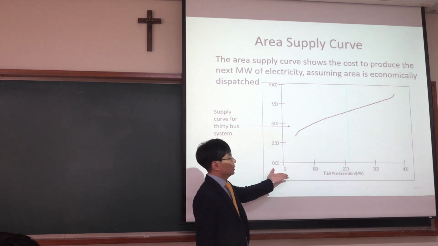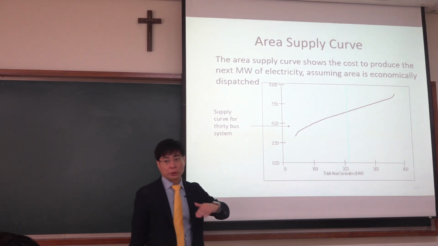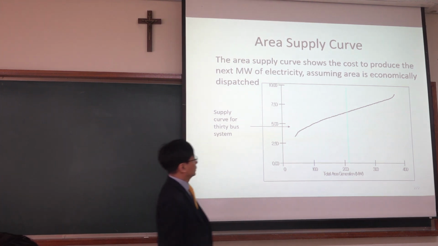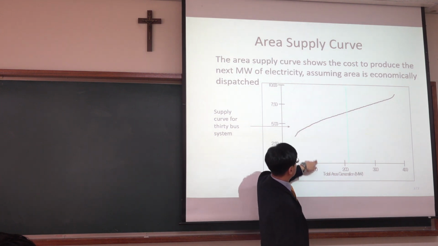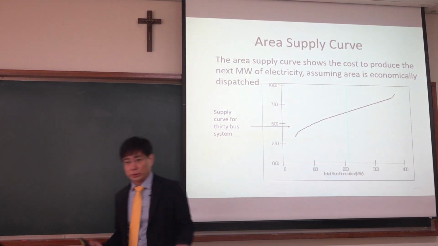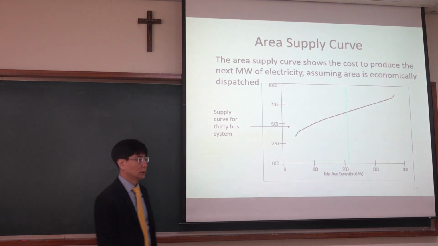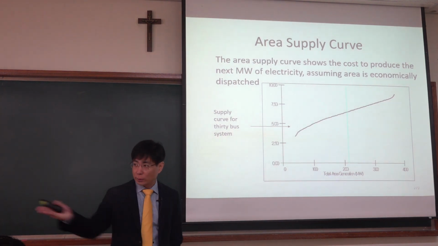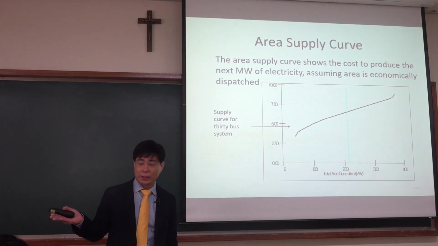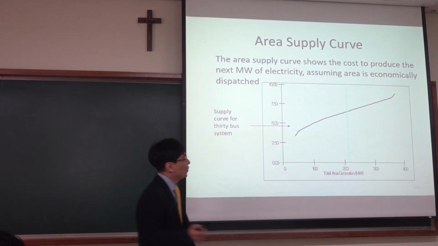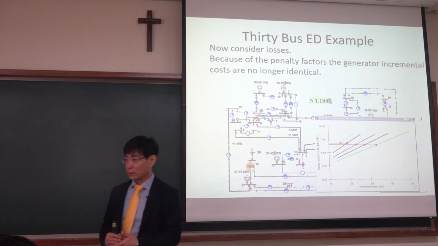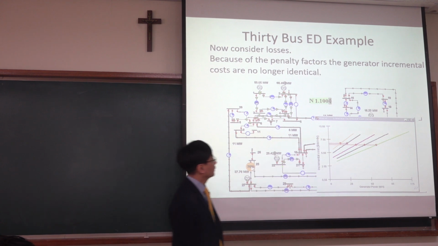So you may think this is the result of economic dispatch using lambda iteration or some other method. So for a given price, that amount of generation, that price, that amount of generation, from the result of economic dispatch. So here we know how to solve economic dispatch considering power losses, right?